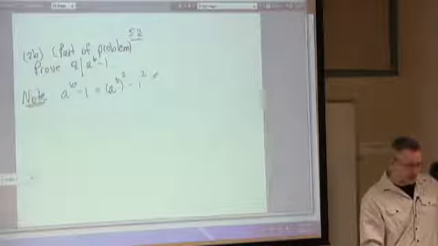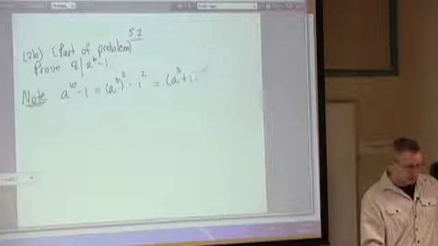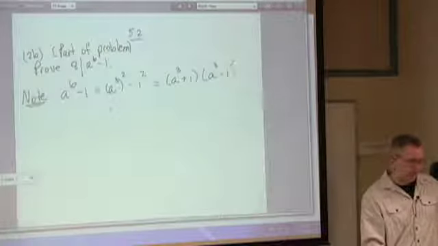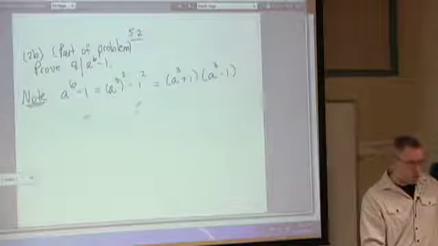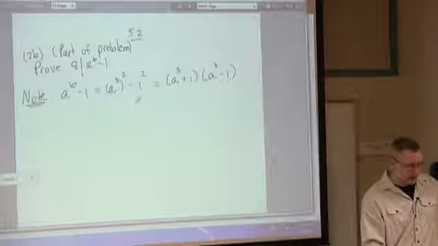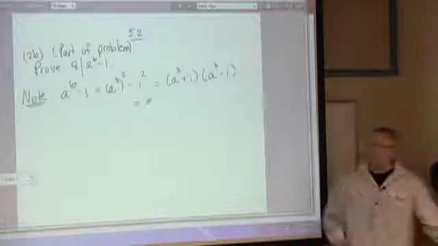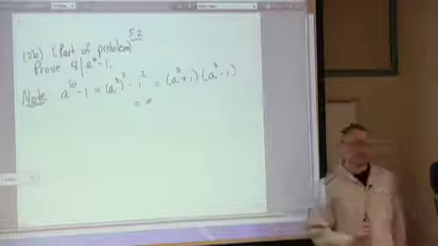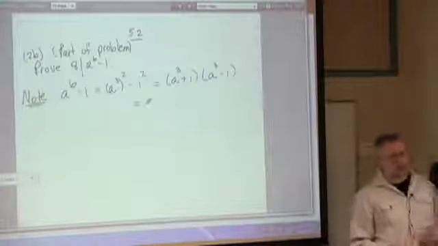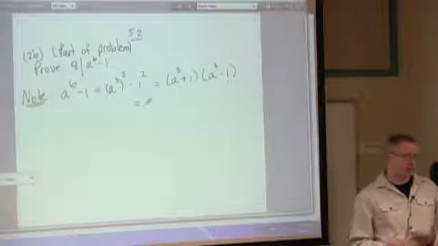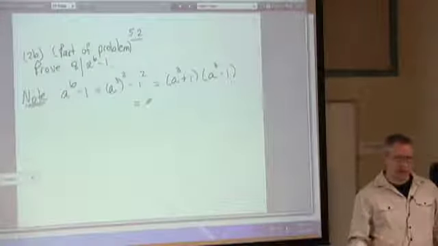This is a difference of squares, so you can factor this as A cubed plus 1 times A cubed minus 1. And I told you, some of you may have forgotten this, that both of these can be factored, because the first one is a sum of cubes, and the second is a difference of cubes, right? Because 1 is the same thing as 1 to the 3rd.